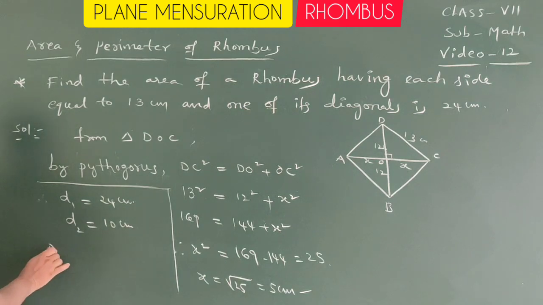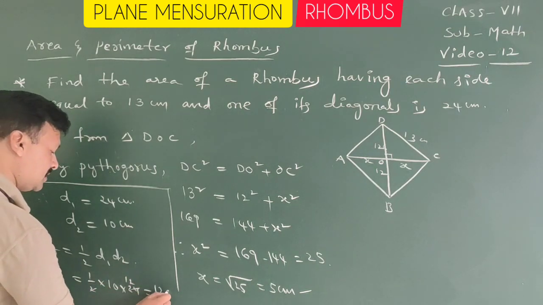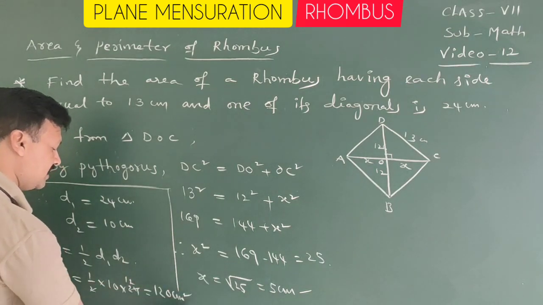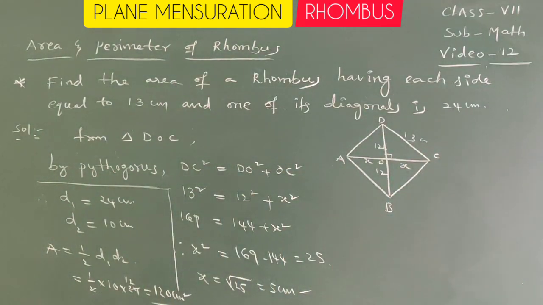So area A equal to half d1 d2, half into 10 into 24, 12 times 10, 120 centimeters square is the required area of the given rhombus.